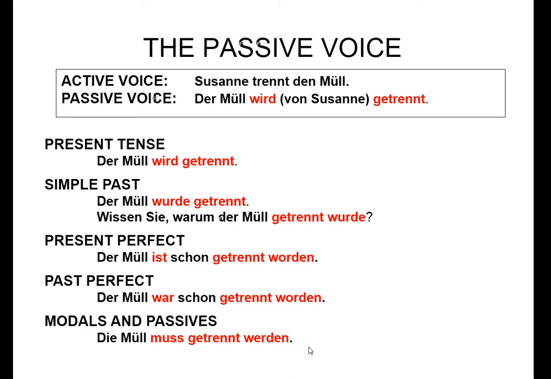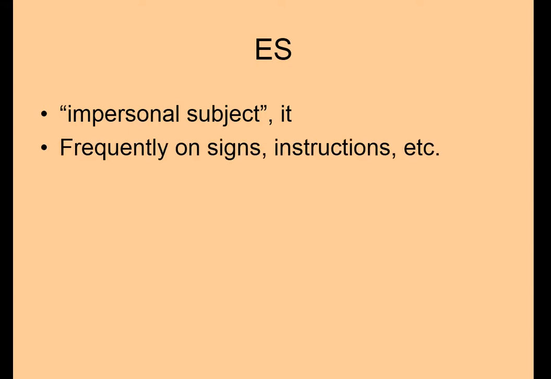So just a quick overview of some of the passive voice. Now, the focus today is, of course, on what is this subject es. So, first of all, it typically means it, right? We see er, sie, es as he, she, it. It's when we have an impersonal subject, nothing very specific.